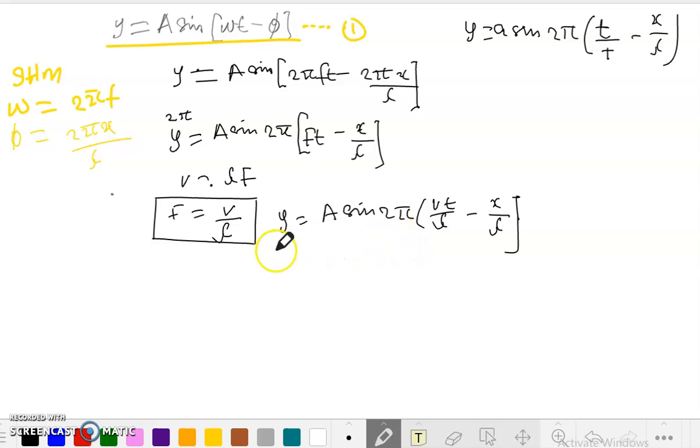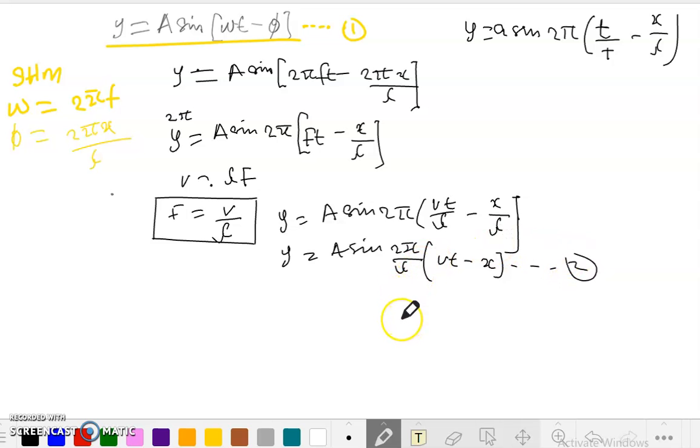If we factor out lambda, we'll have y is equal to a sine of 2 pi over lambda, and then we are having vt minus x. And we can call this equation 2.